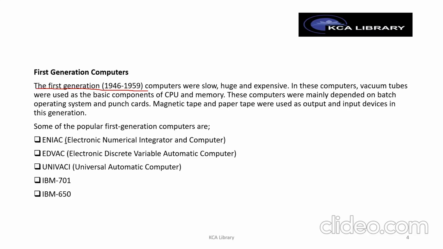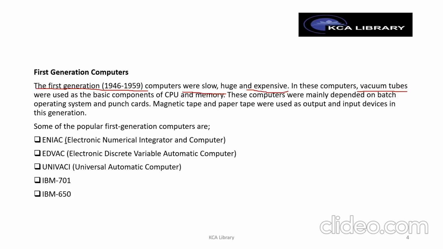In these generations of computers, these are the things that you have to keep note of: how fast were they, how big were they, and what technology did they use. In the first generation they used vacuum tubes.